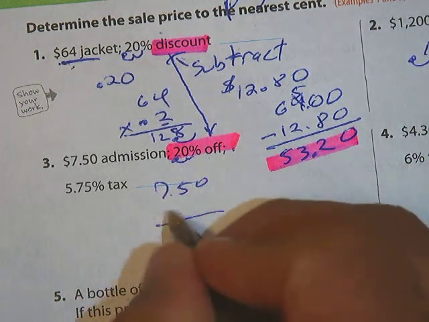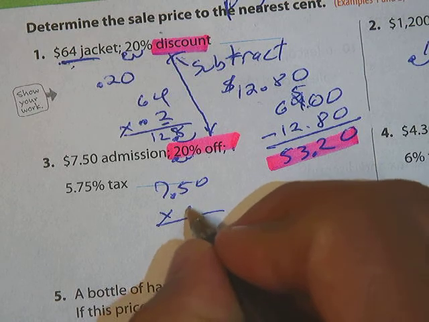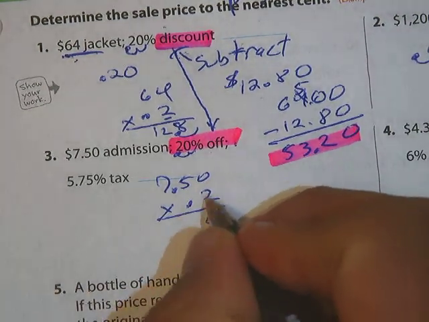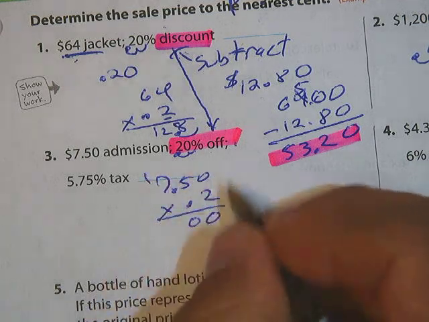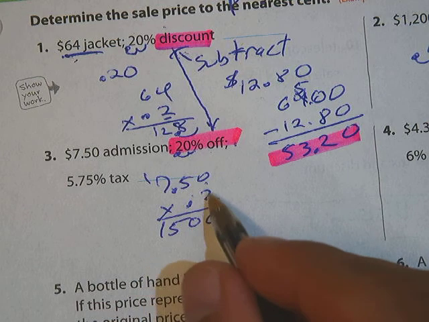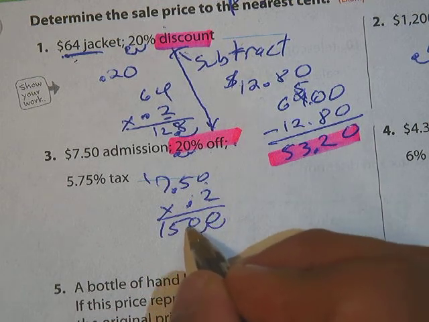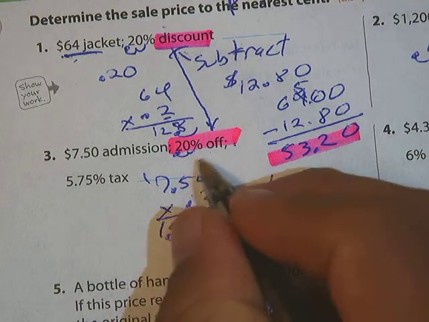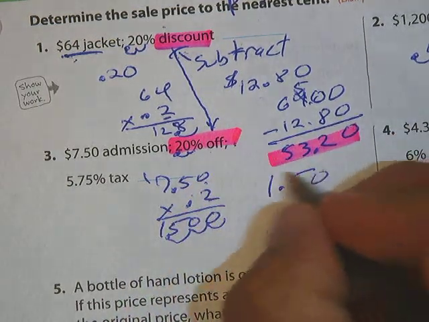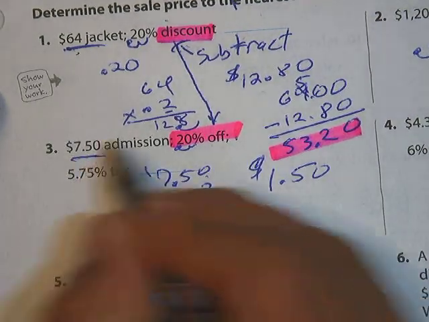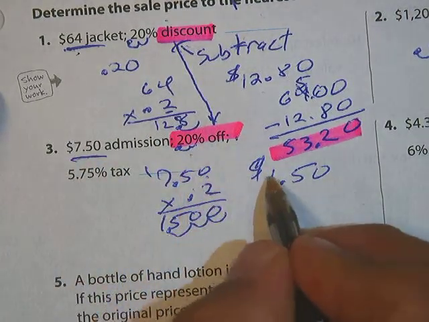First we move the decimal 2 times, and so we get 0.2 times 7.5, which gives me 2 times 0 is 0, 2 times 5 is 10, 2 times 7 is 14, plus 1 is 15, and there are 3 numbers to the right of the decimal. So they're going to give you a discount of $1.50 off the admission.